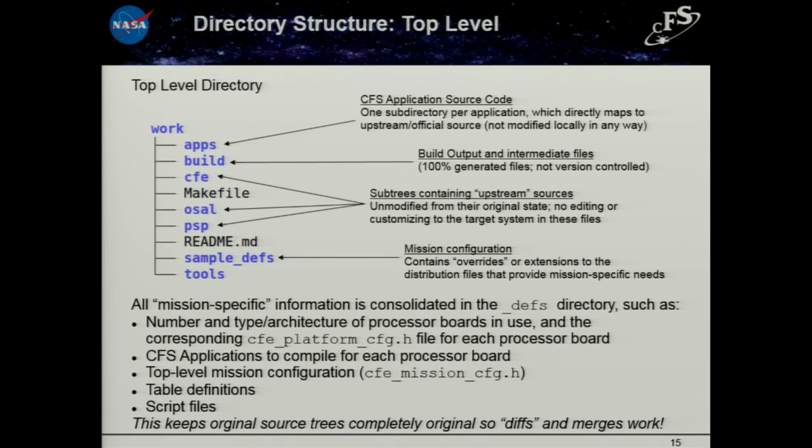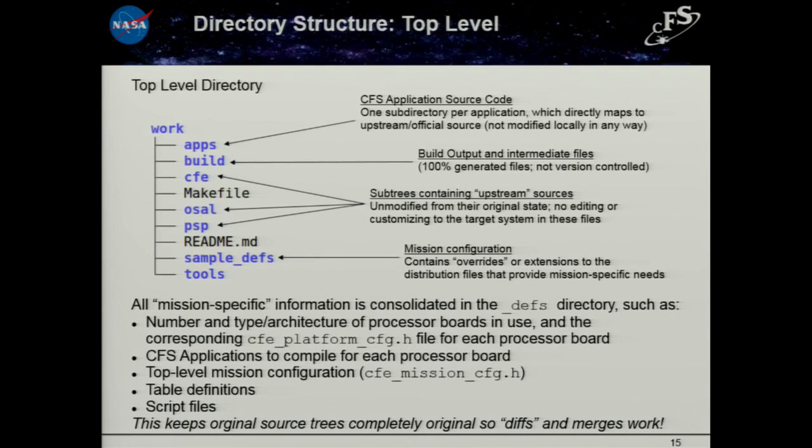You should retain full compatibility. And all of your local mission configuration would be in a separate directory. In this case, it's the sample defs directory, such that it can be version controlled in your own repository, but it wouldn't interfere with your upstream subtrees or your subtrees that match to upstream projects.